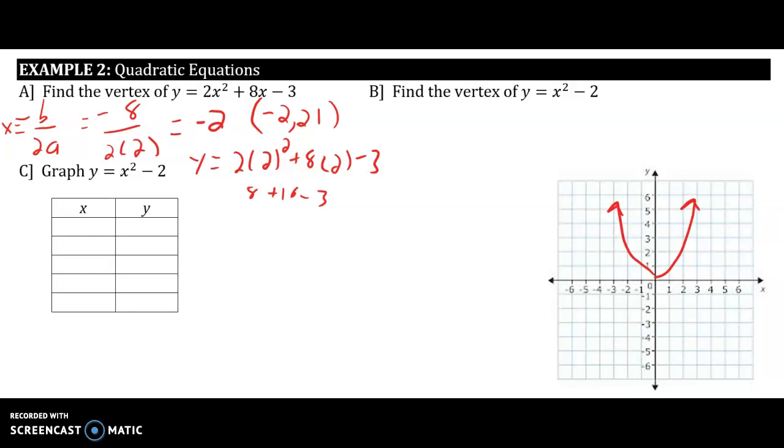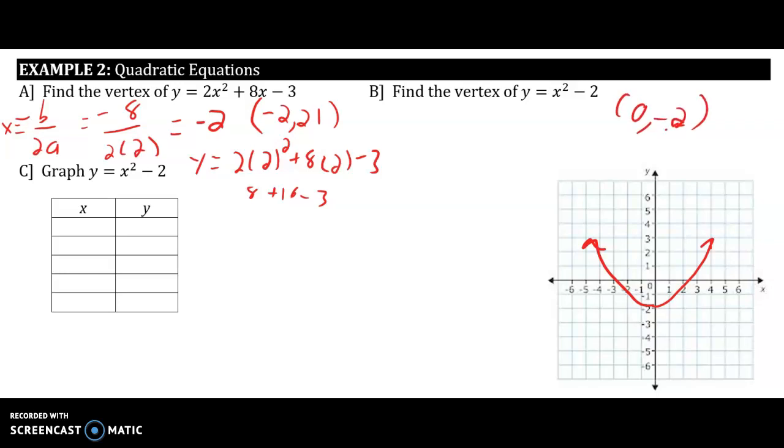So what happens to the graph when you do a minus 2 on the outside? We will learn this later, but it moves it down 2. So this is what my graph looks like. Okay, I can erase my other graph. That's a rough sketch. So the vertex here is 0, negative 2. That's just knowing that trick.